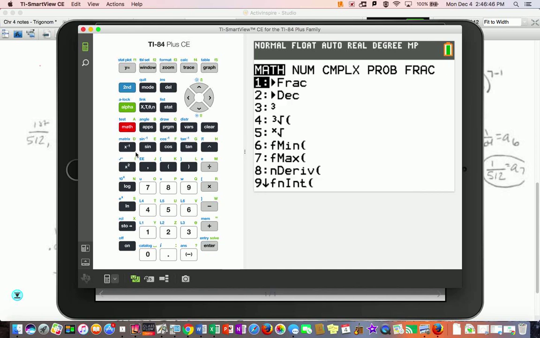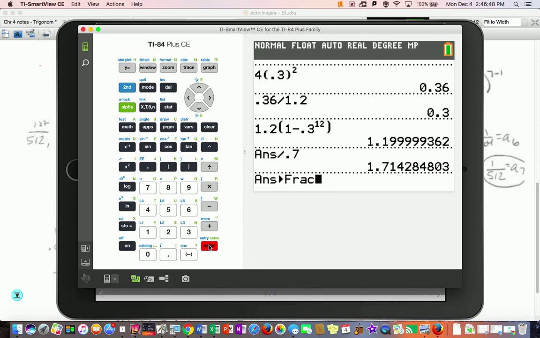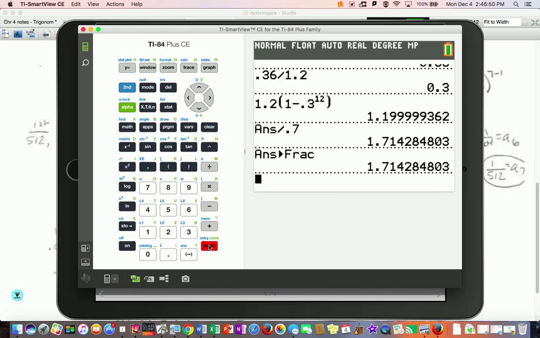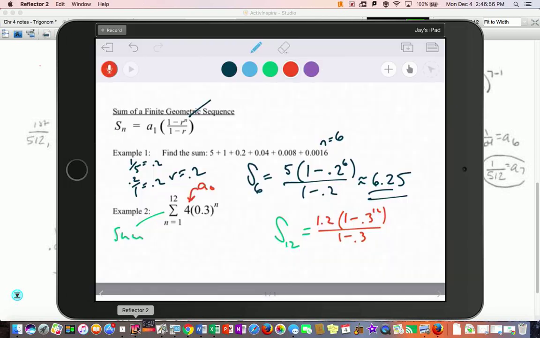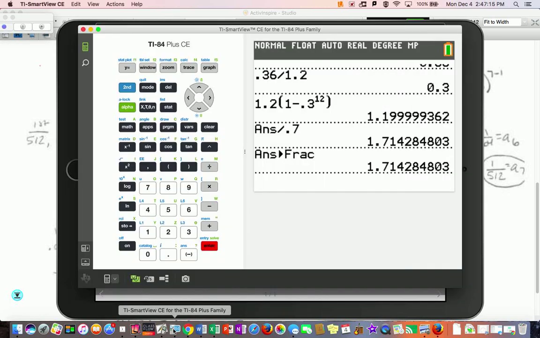If you want, you can try hitting math, enter, but so about 1.714.